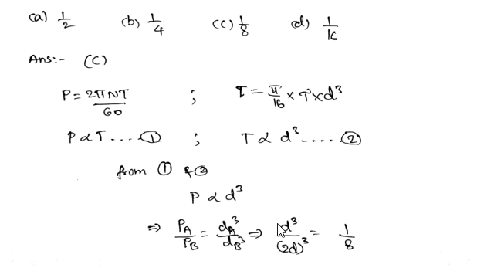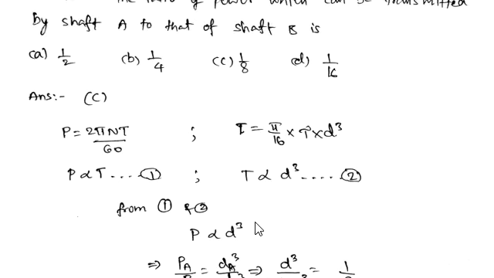If you simplify this, it will be D cube over 2 cube, that is 8, so D cube goes and you will be left with 1 by 8. That is nothing but the ratio of power transmitted by shaft A to the power transmitted by shaft B. So here option C is the right option.